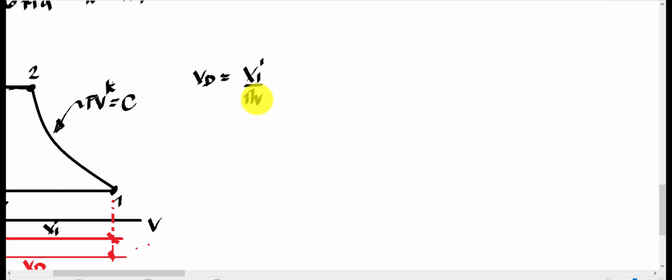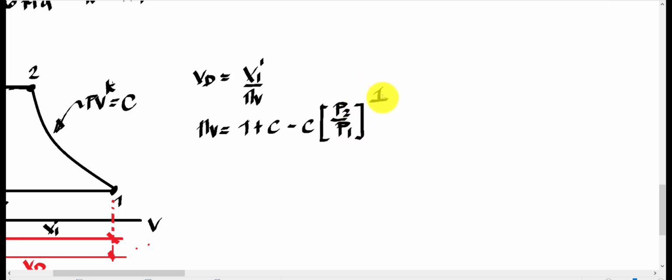So rewriting that, we have now volume 1 prime divided by volumetric efficiency, where our volumetric efficiency is equal to 1 plus C minus C, multiplied by the ratio of pressure 2 to pressure 1, then raised to the power of 1 over K, or let's say N. So it will be K, since we're using K.